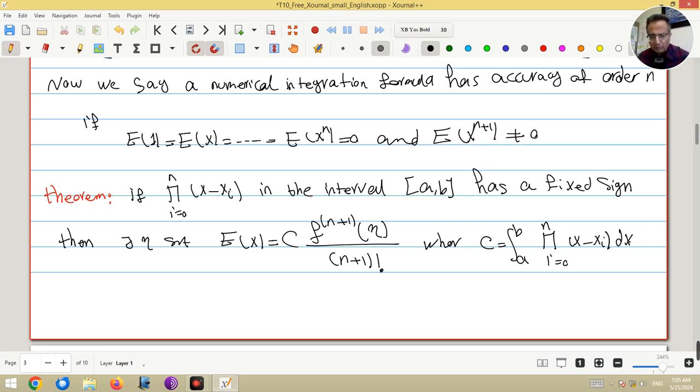This theorem is important, but in fact we will not prove this theorem, and we just use this theorem for computing the error terms.